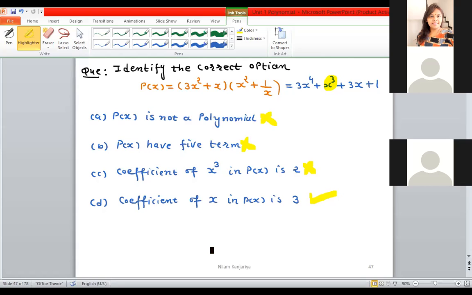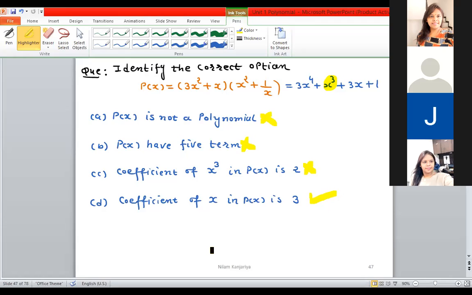Okay, number 4. Present, ma'am. Okay, number 5. Number 6. Present, madam. Okay, number 7. Number 8. Present, ma'am. Number 9. Present. Okay. Number 10. Present. Okay. Number 11.